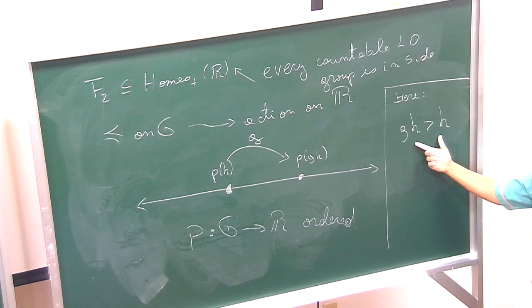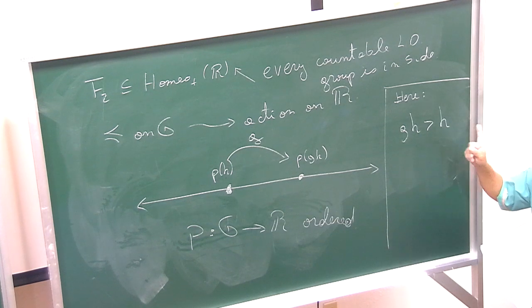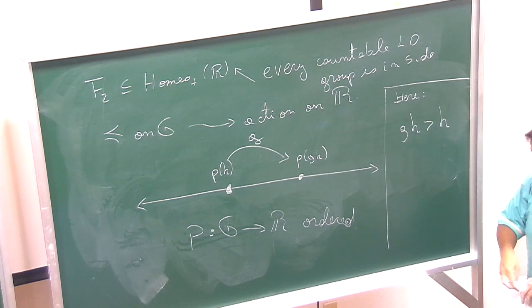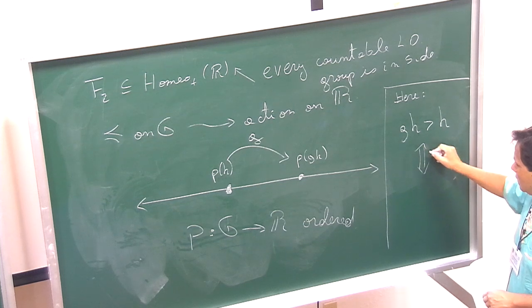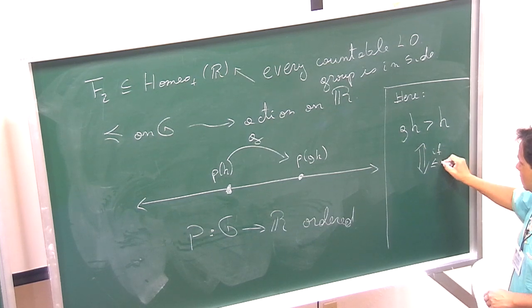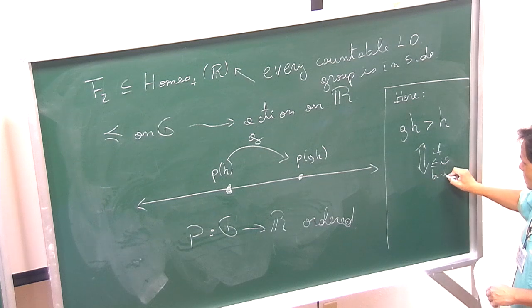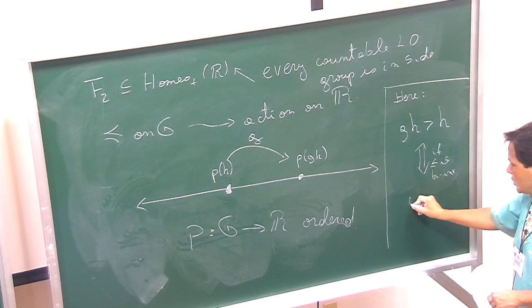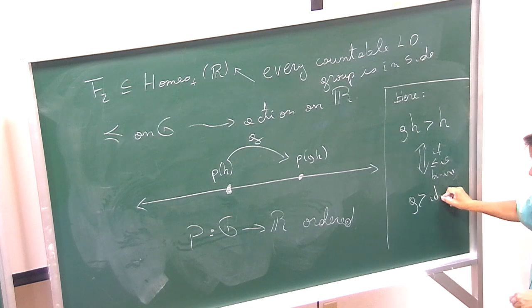One would like to say that this is equivalent to g being positive, but this is not true, because for that you will need to multiply by h on the right. But you are allowed to do that if the order is bi-invariant. So this is equivalent, if the order is bi-invariant, to g being larger than the identity. This is equivalent.